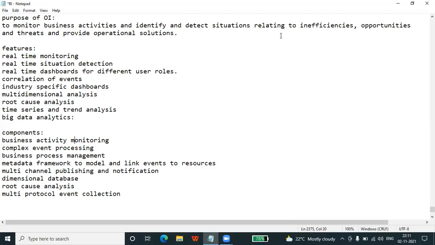Then operational intelligence places complete information at one's fingertips, enabling one to make smarter decisions in time to maximize the impact.